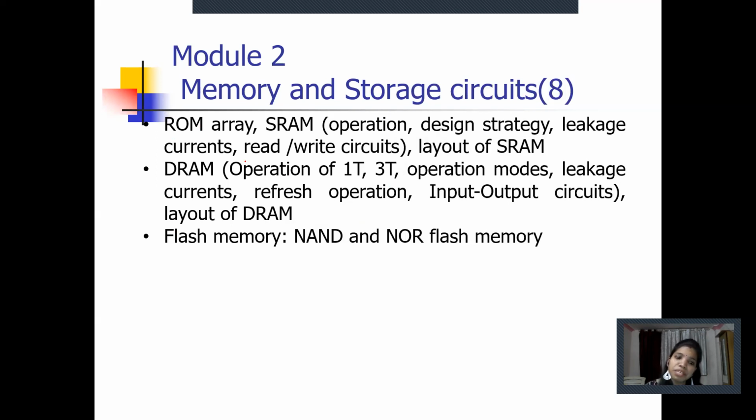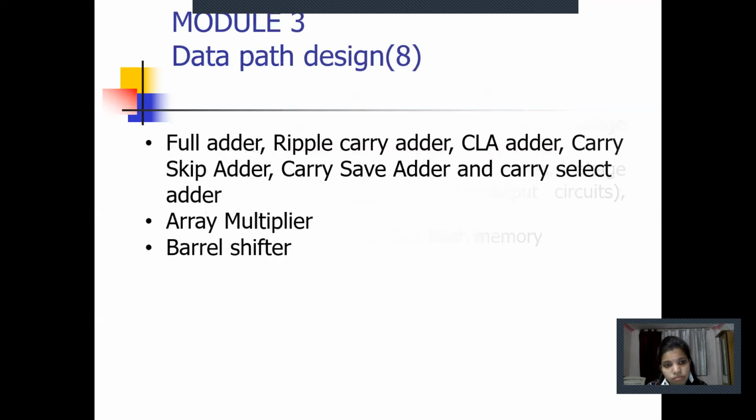The memory concepts are basics from DLD only: ROM array, SRAM, DRAM. You have already learned them previously. Now you have to draw these circuits using CMOS, verify your truth table and the operation, and learn these circuits. Then flash memory, NAND flash memory, NOR flash memory.